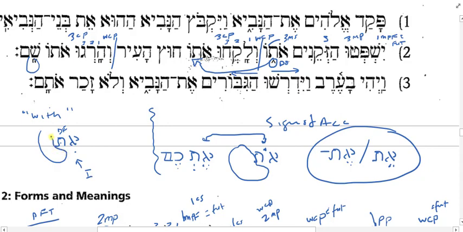And then I will add my pronominal suffixes to the tav. So I will always have the dagesh forte in the tav when it's the preposition with. With the sign of the accusative, when I add pronominal suffixes, there's never a dagesh forte in the tav. So that's how you can tell the difference between the two. Okay? Does that make sense?